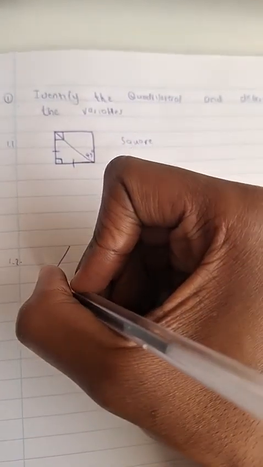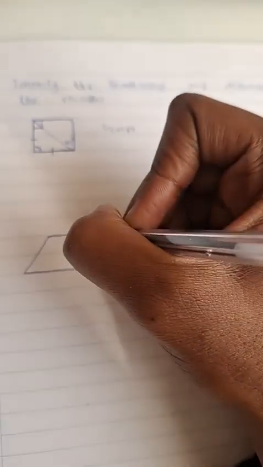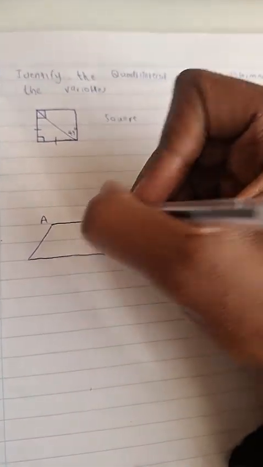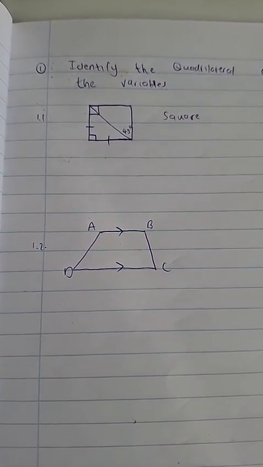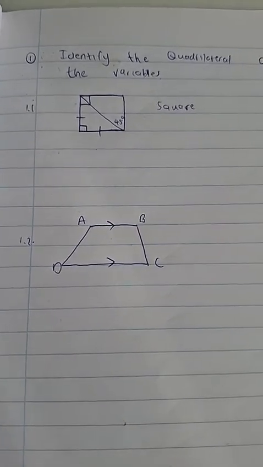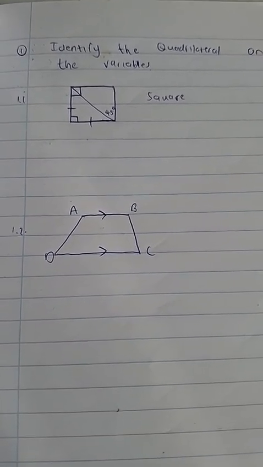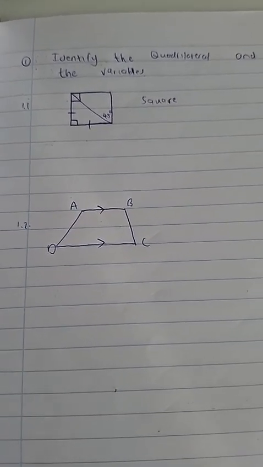Let's look at this one. Please forgive me my free-handedness. What shape is this one? Ghana M1 is saying it's a parallelogram.